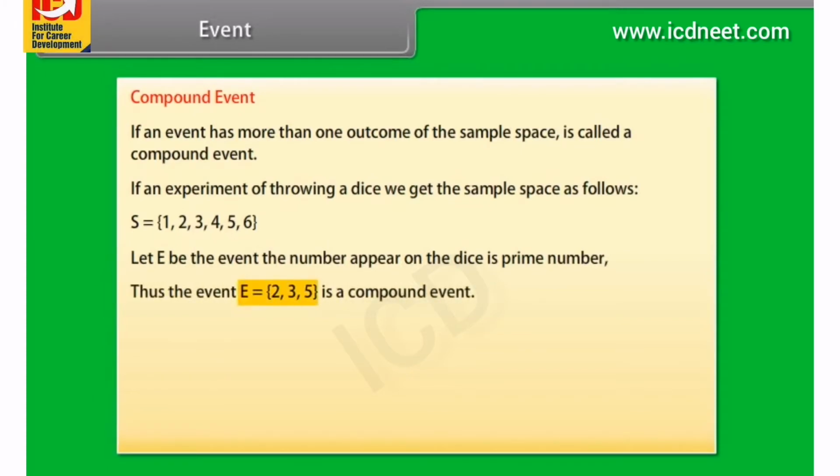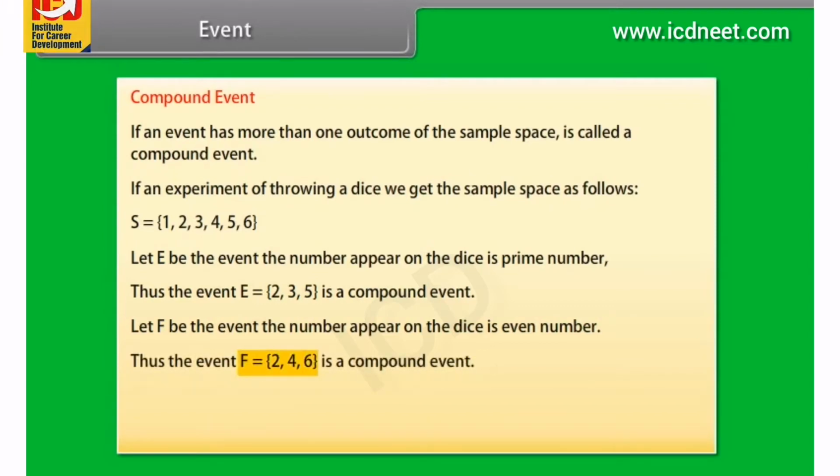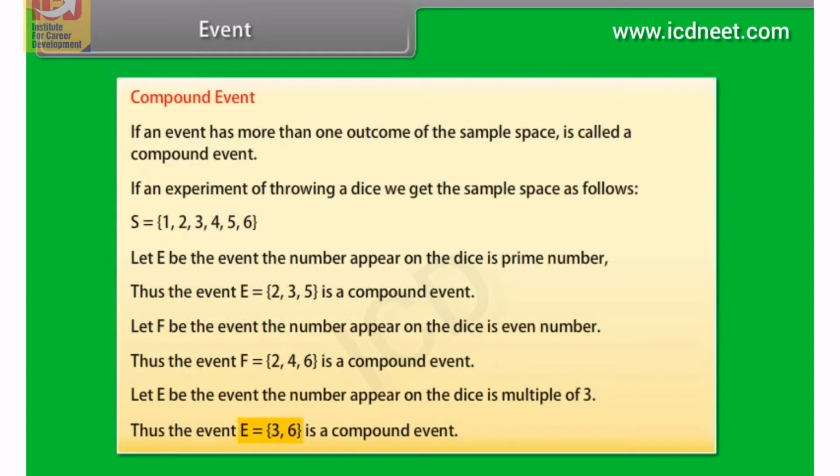Thus the event E is equal to {2, 3, 5}. It is a compound event. Let F be the event that the number appearing on the dice is an even number. Thus the event F is equal to {2, 4, 6}, a compound event. Let E be the event that the number appearing on the dice is a multiple of 3. Thus the event E is equal to {3, 6}, a compound event.